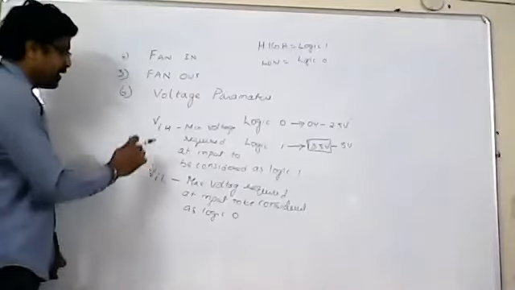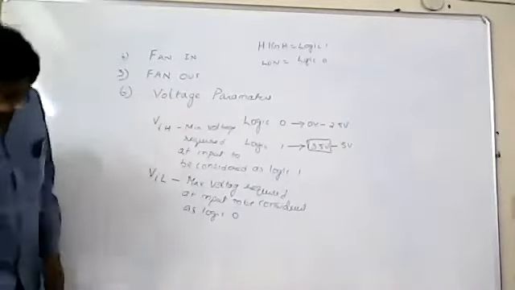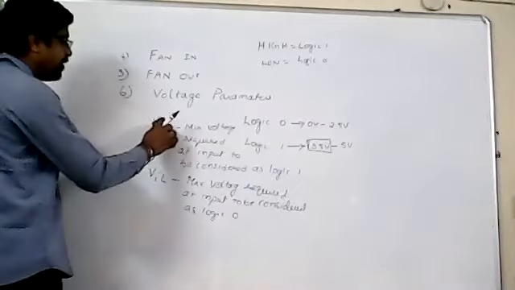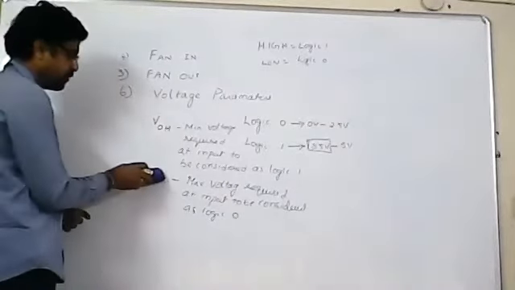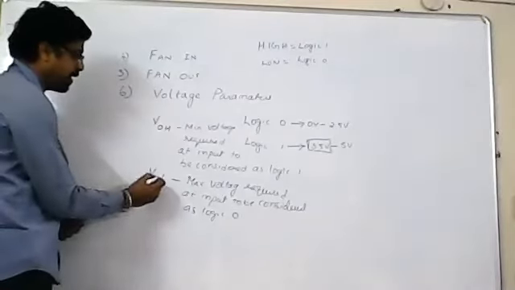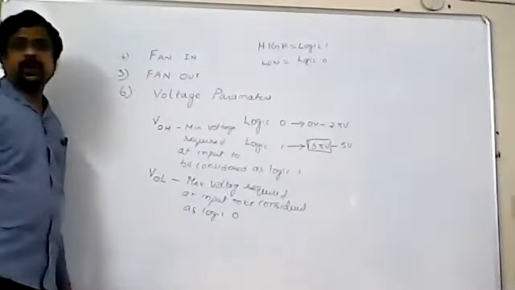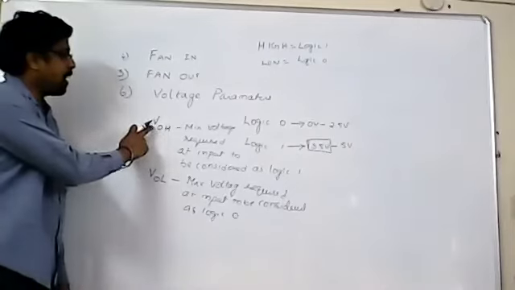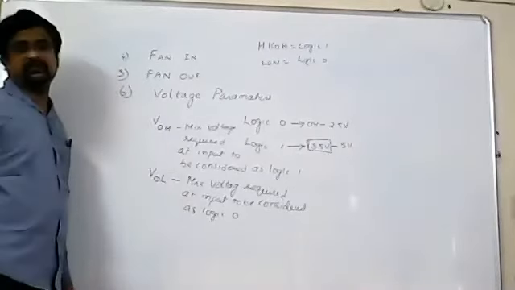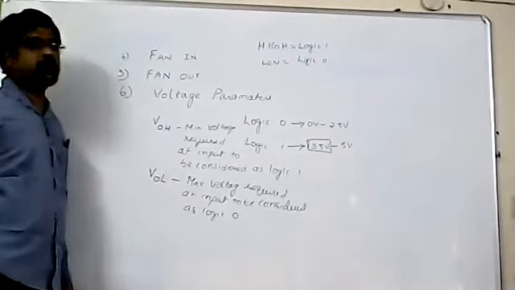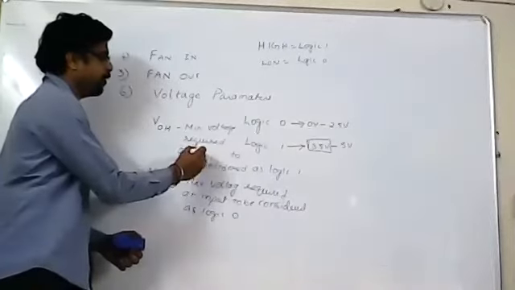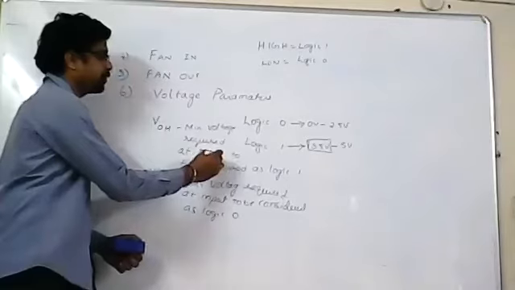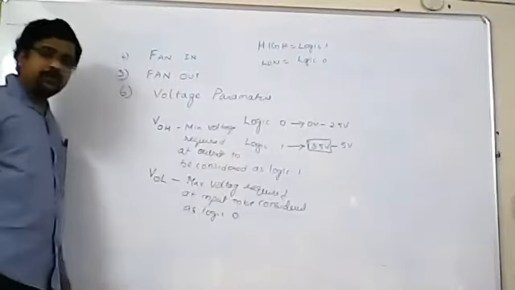Now, similarly, instead of VI, I will write it as VOH. Instead of I, I will write it as O. Now it is nothing but output voltage high. VOH means output voltage high. Same definition, but instead of input, now you write output.